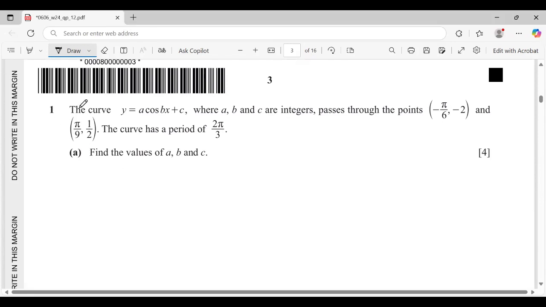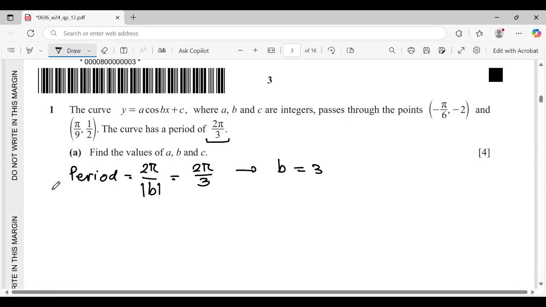This curve has period 2 pi over modulus b. Based on this information that the period is 2 pi over 3, we can state that b equals 3.